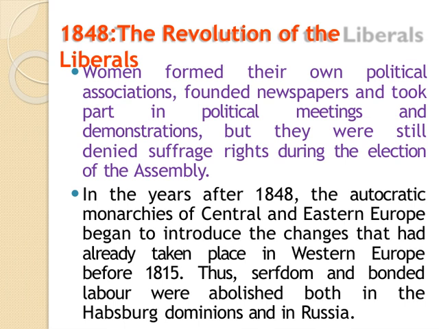In the years after 1848, we see a shift in the autocratic monarchies of Central and Eastern Europe. They started to introduce reforms similar to what had already happened in Western Europe before 1815. For example, serfdom and bonded labor were abolished in the Habsburg dominions and in Russia. These changes marked a significant move towards modernization and greater societal freedom.